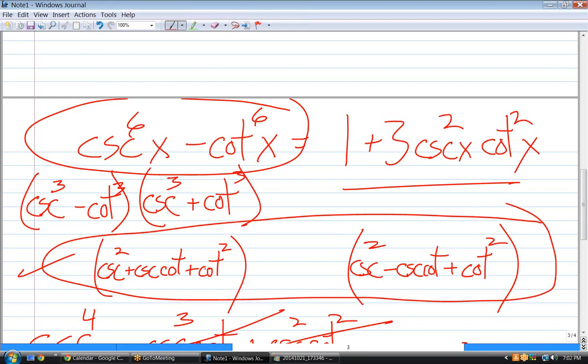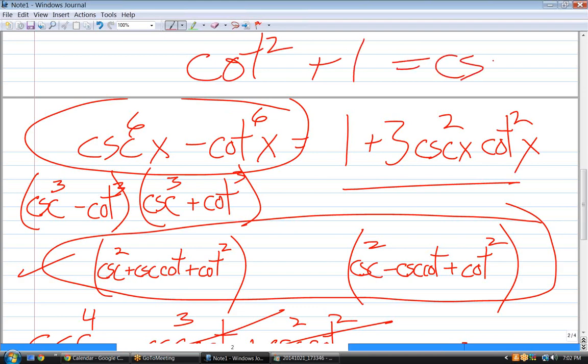The problem is cosecant plus cotangent is not an identity. Is that even equal to 1? Let's see. Cotangent squared plus 1 equals cosecant squared. So cosecant squared plus cotangent squared would be equal to 2 cotangent squared plus 1.